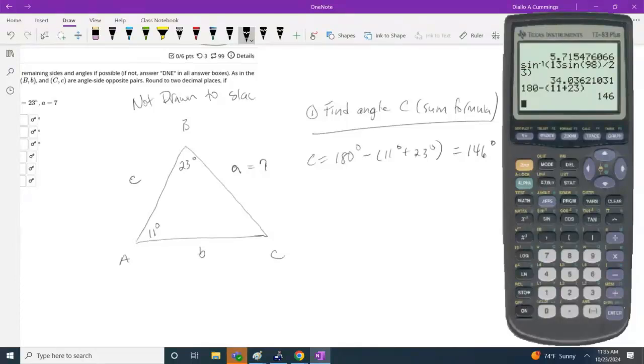The reason why I'm writing this down is because notice that angle C is 146 degrees, which is an obtuse angle. And notice that the angle C in my drawing is an acute angle.